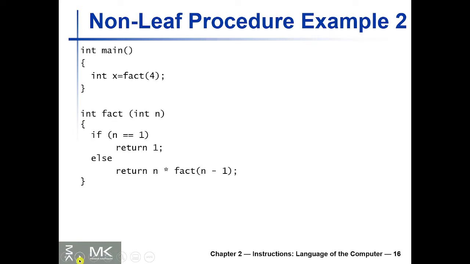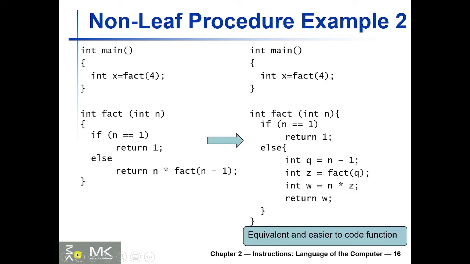So the first step is to convert this into that. This is just an equivalent code, but easier to translate into assembly. So let's check here. So the first part, return if n equals 1, return 1. That's no change. But for return n times factorial n minus 1, I have changed this a little bit, but it's equivalent.